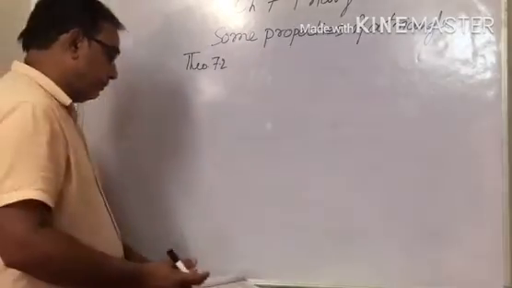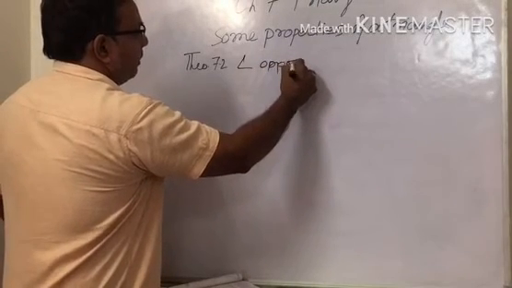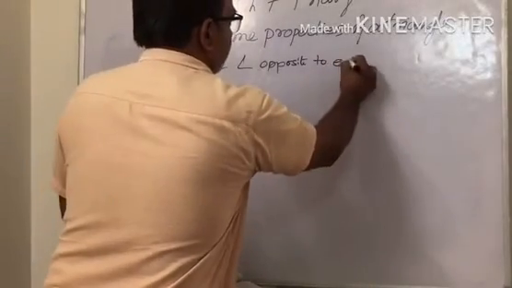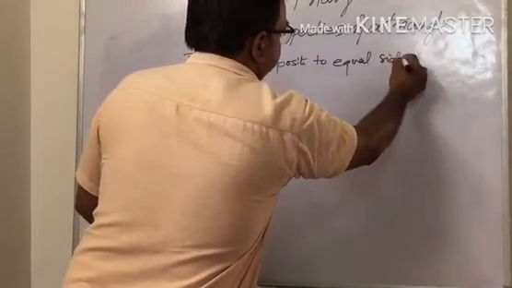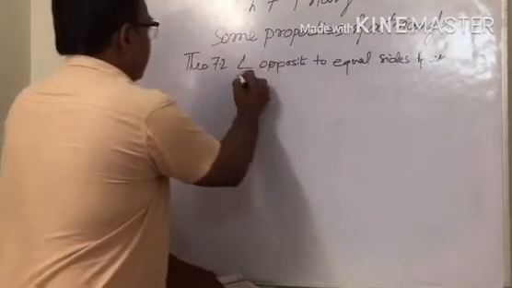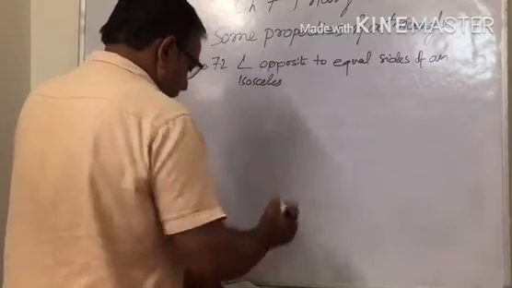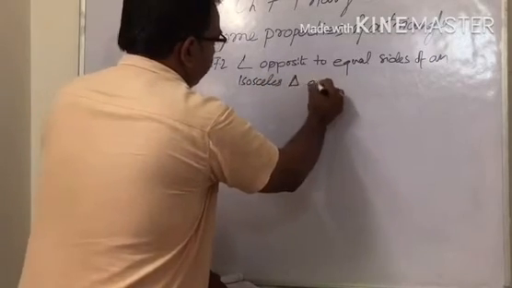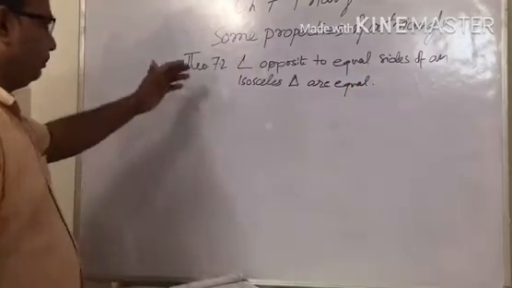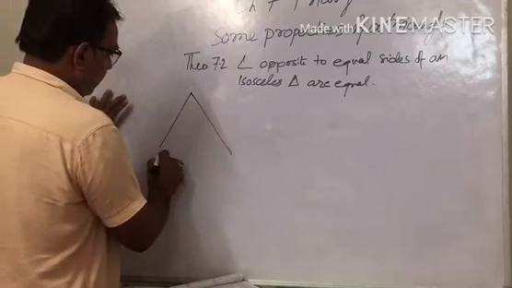The theorem is: angles opposite to equal sides of an isosceles triangle are equal. Now we have to prove it. See, this is the figure, triangle.